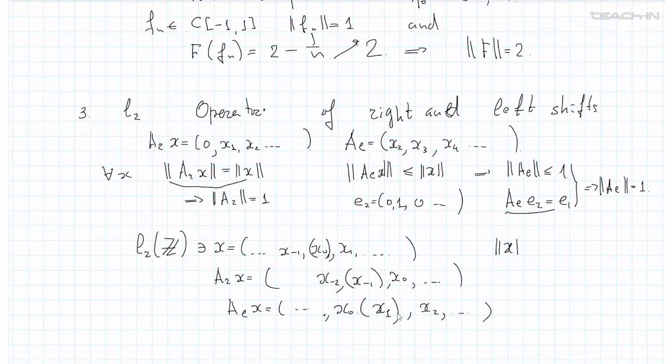The norm of x equals the square root of the sum of xk square, k from minus infinity to infinity. And the scalar product is the sum of xk yk, k from minus infinity to infinity. Usually this operator in quantum mechanics, the so-called discrete Schrödinger operator, can be described with the help of this operator.